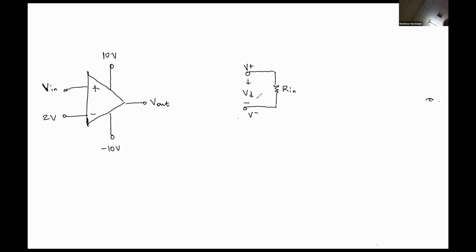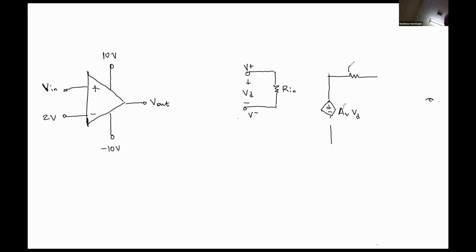And then over here, on our output side, we have a dependent voltage source, Av multiplied by Vd.